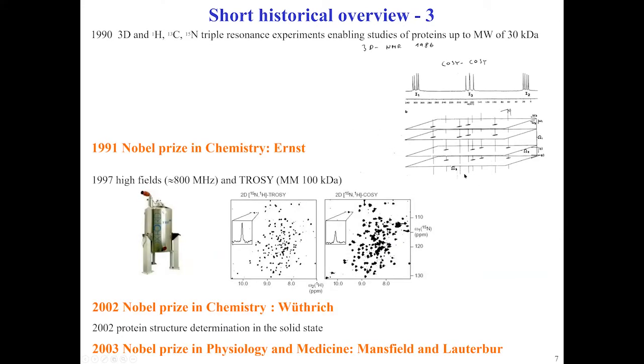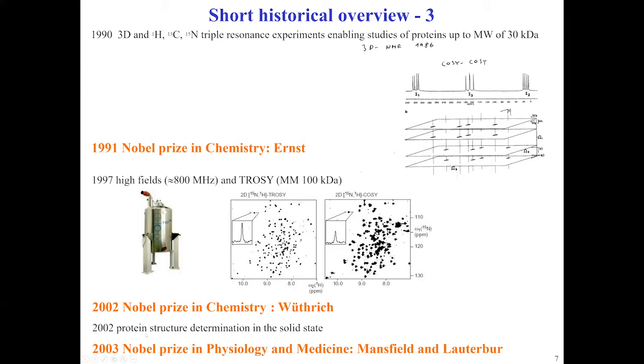In the 90s, we have three-dimensional NMR, which really opened new avenues, and then just before 2000, high field. Nowadays we're at 1.2 gigahertz. This is more or less a matter of the last and this week. And the way we perform experiments comes down to having sharp lines for bigger and bigger proteins.